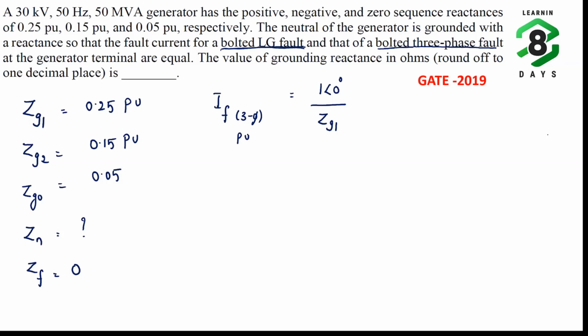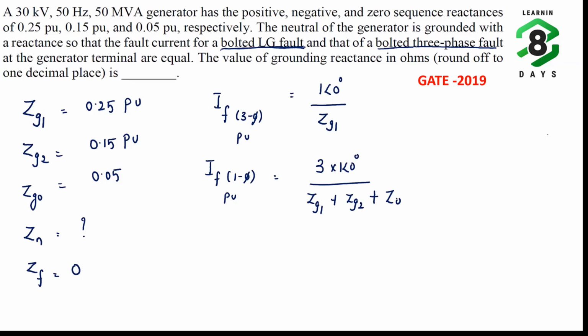The second point is the per unit fault current for an LG fault: it is 3 into 1 at an angle 0 divided by ZG1 plus ZG2 plus Z0.